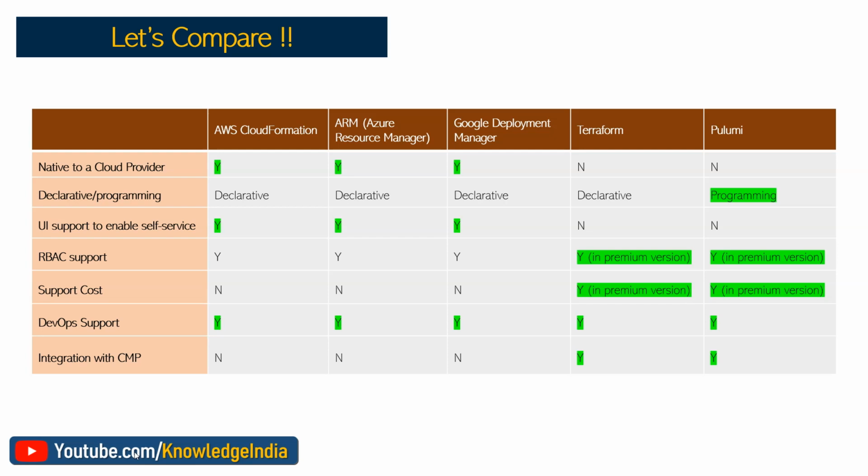Whereas Pulumi, from the very start, the approach which they have taken is that they allow you to write code in most of the famous or most used languages. So you can go ahead and write it either in Java or in Python or any other language which are mostly used. They have support for so many languages. So now you can think, right?